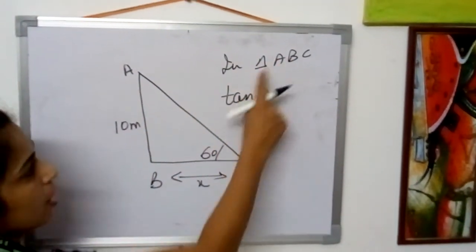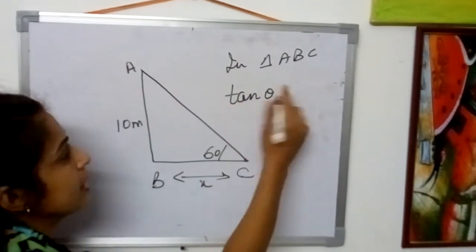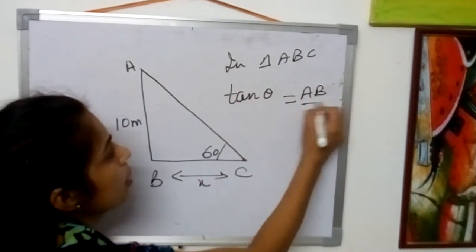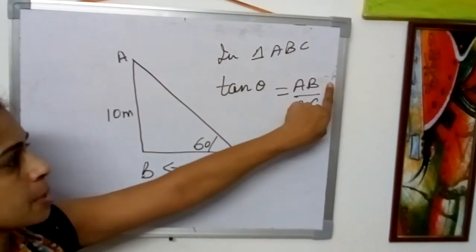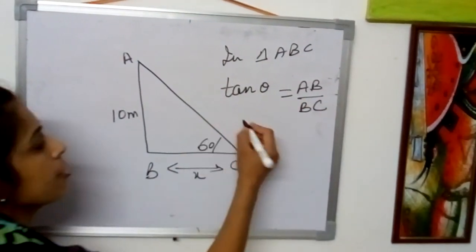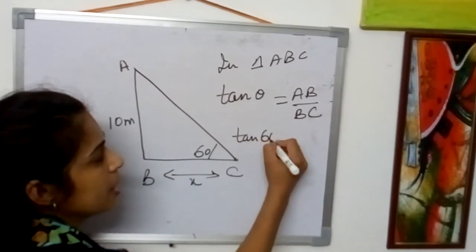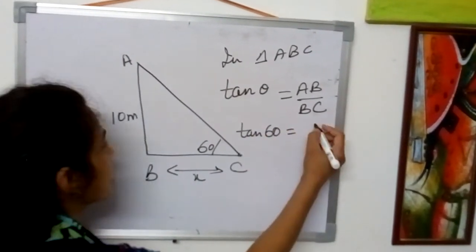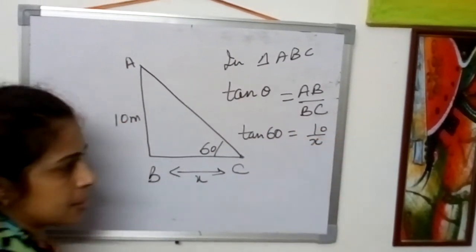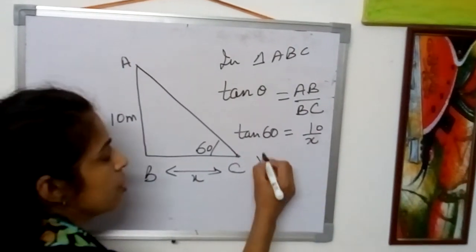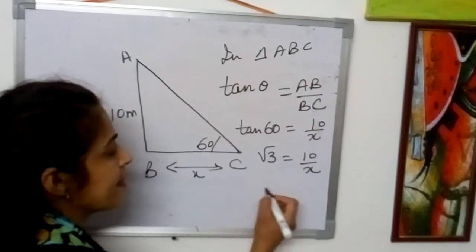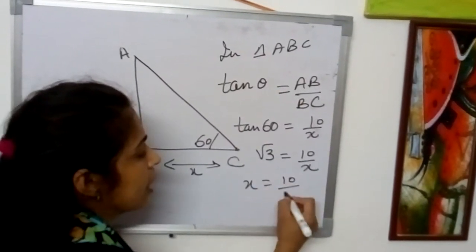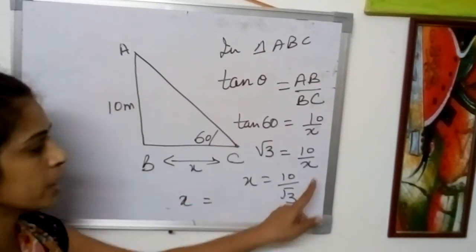So in triangle ABC, tan theta will be equal to AB by BC. Okay, we know tan theta is perpendicular by base. From here, theta in this case is 60. So tan 60 is 10 by x. We have to find x. We know the value of tan 60. It is root 3. Putting the value and cross multiplying, we get x as equal to 10 by root 3.